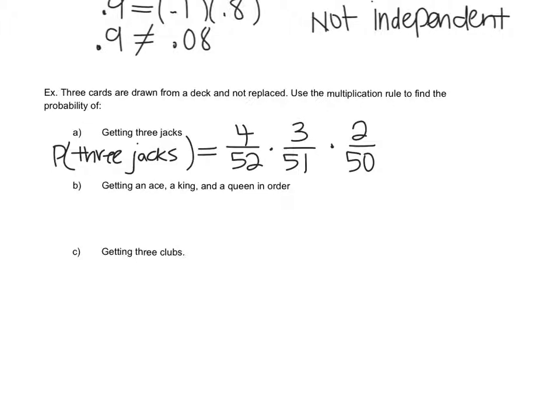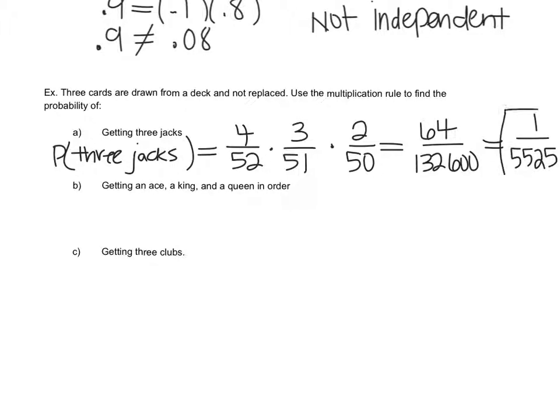So the probability of 3 jacks is 4 out of 52 times 3 out of 51 times 2 out of 50, which equals 64 over 132,600, which simplifies to 1 out of 5,525.